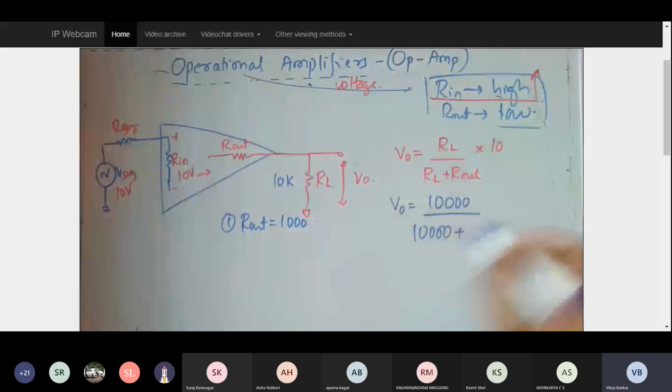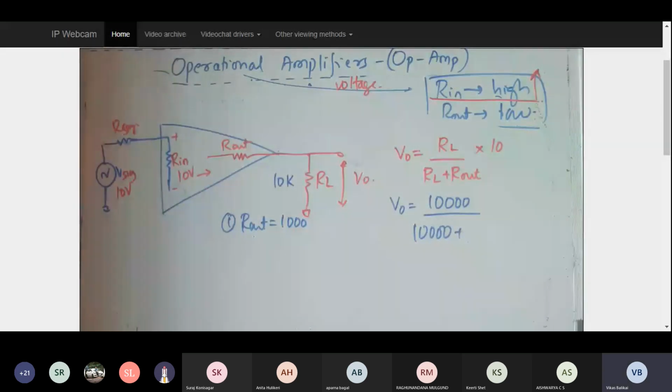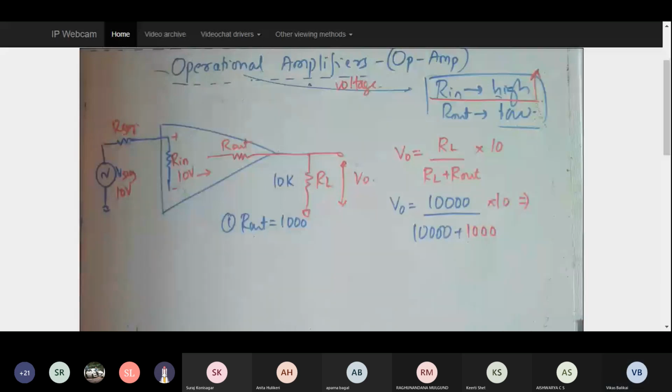If I include 1000 here, can you tell me what the value of my output voltage will be? 9.09 volts. 9.09 for the case Rout equal to 1000.